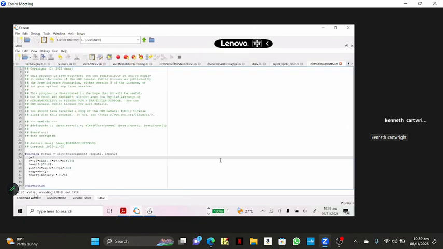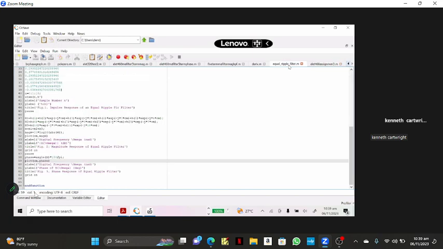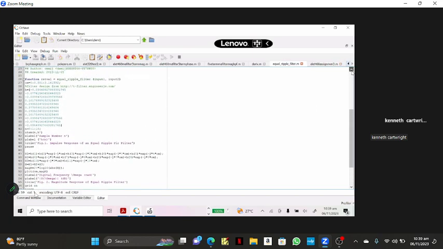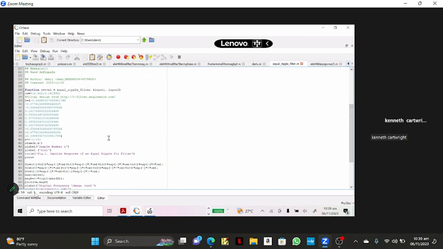Okay, what did I name that? Equal ripple filter. There we go. Okay. Yeah, see here? These are all the numbers that were created by that program. This is the impulse response. As a matter of fact, I'm going to plot that. The first thing I'm going to do is plot that.